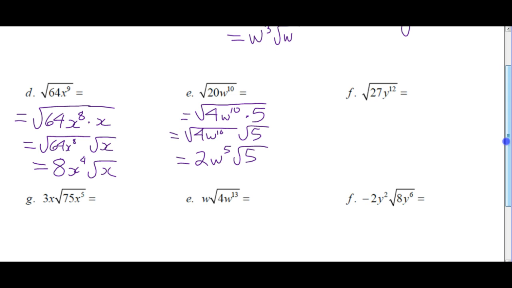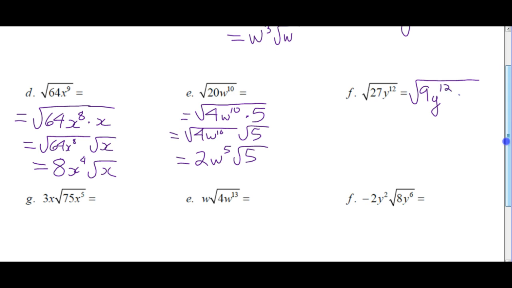Okay, so the idea here is we want to write it as the product of a perfect square, something that has a square root, and some other number or power. So, root 27, what's the largest perfect square that goes into 27? 9. Does y to the 12th have a square root? Yes.